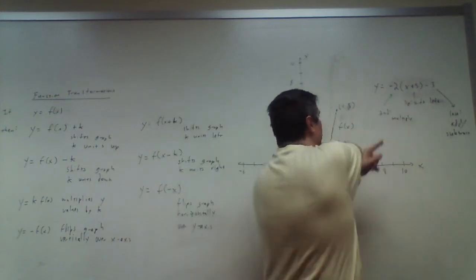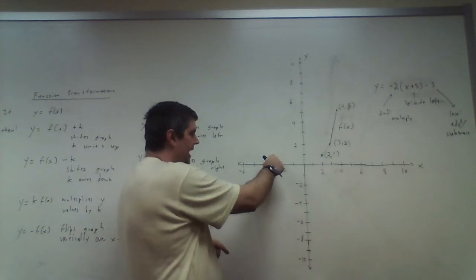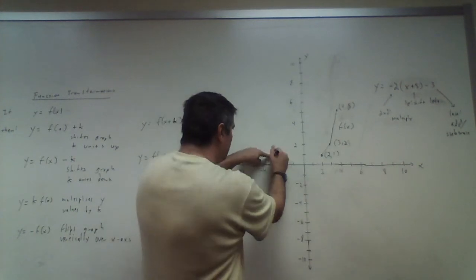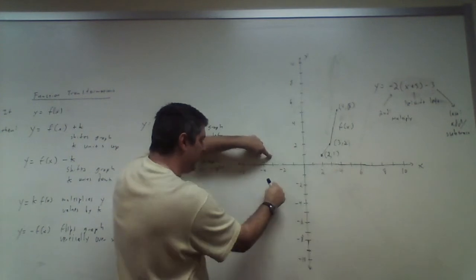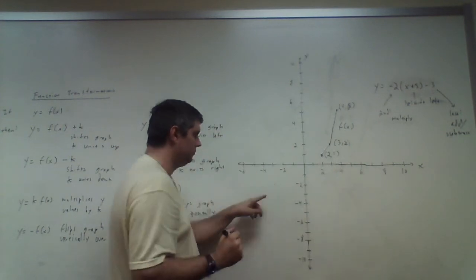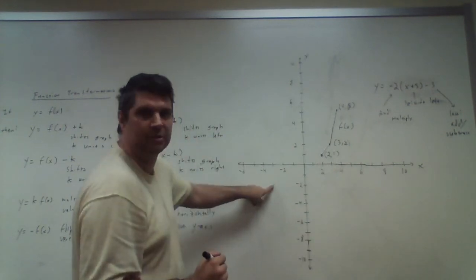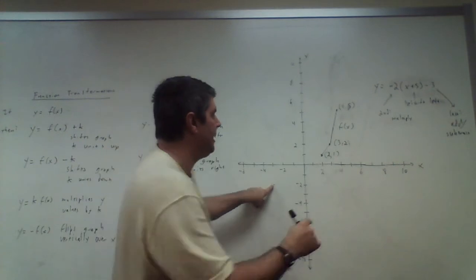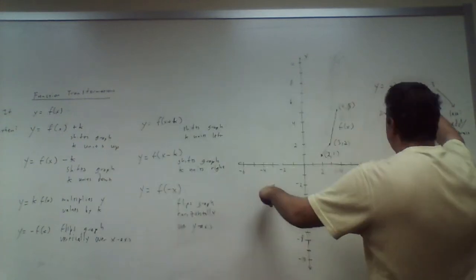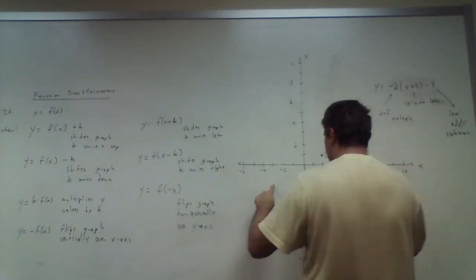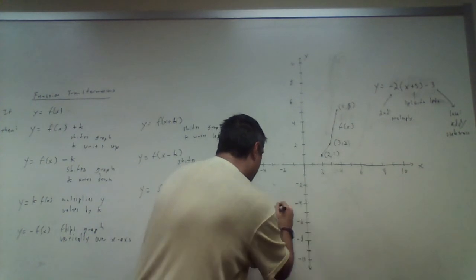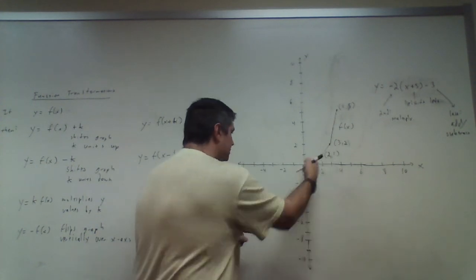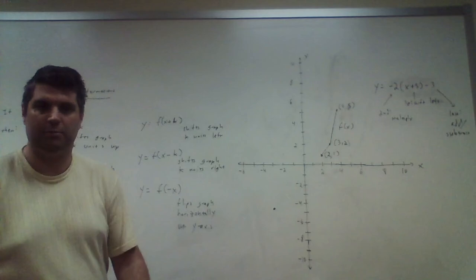But now we're going to multiply the y coordinate by negative 2. So negative 2 times 1 is negative 2. That's where it would be if we shifted 5 and multiplied by negative 2. But now we're going down 3 more units. So 1, 2, 3. And here is where this point has been migrated to.